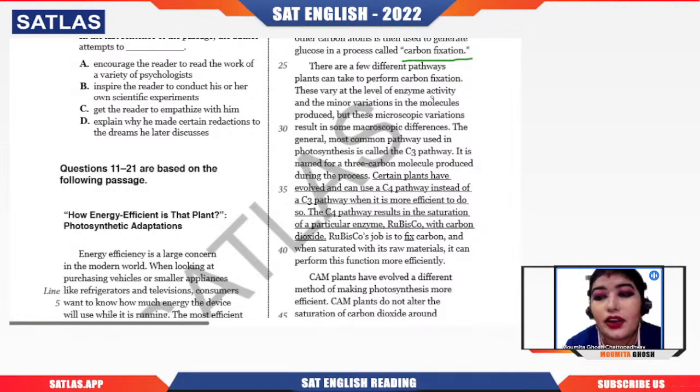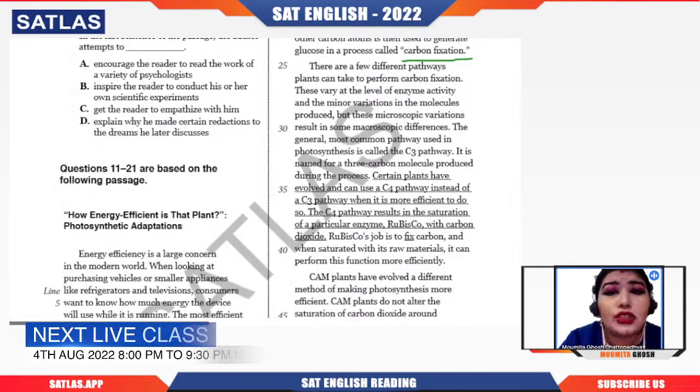These vary at the level of enzyme activity and the minor variations in the molecules. So whether the carbon fixation will occur through stomata or in other pathways depends on the quality of the enzyme. If we do not use the enzyme Rubisco and instead use another enzyme, you will see that the amount of photosynthesis is decreasing.